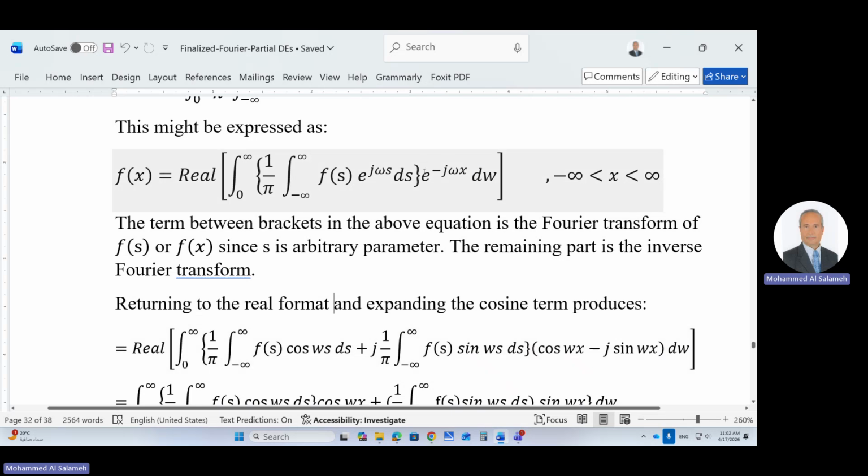This is multiplied by cosine omega x minus j sine omega x, as you can see here.